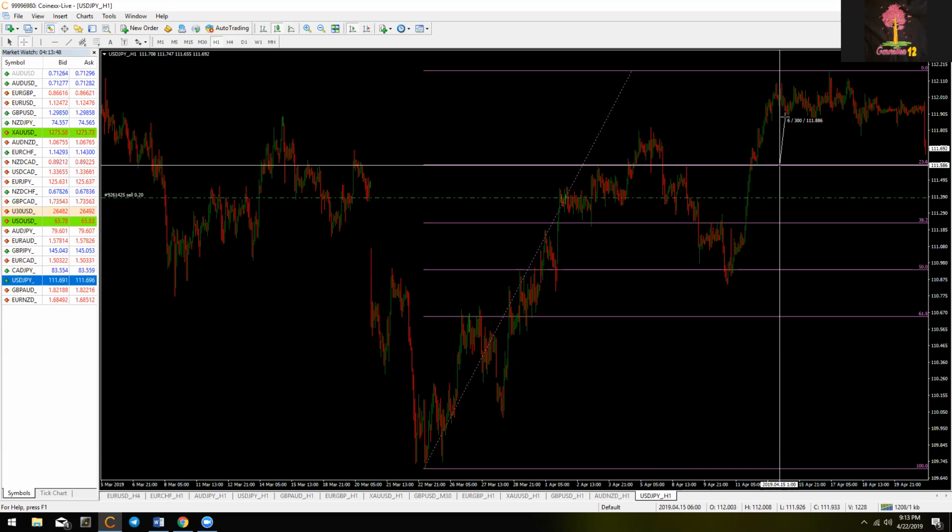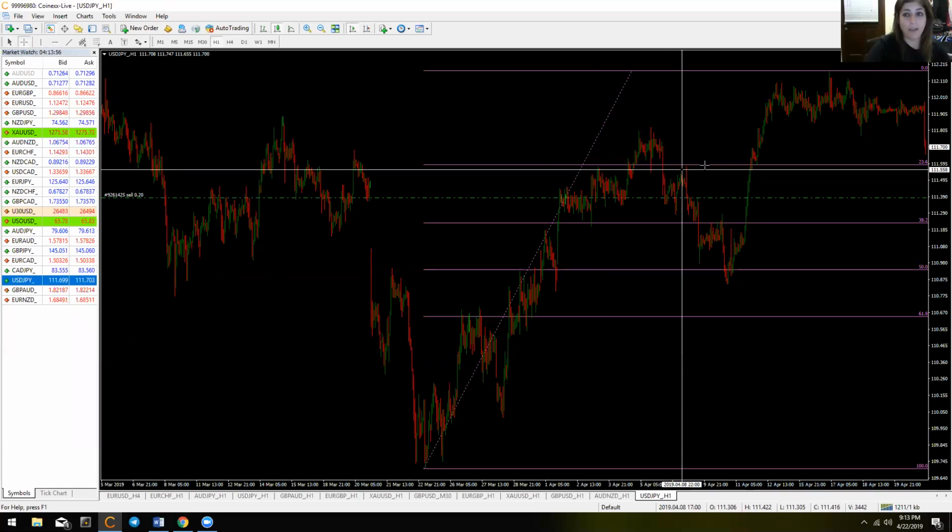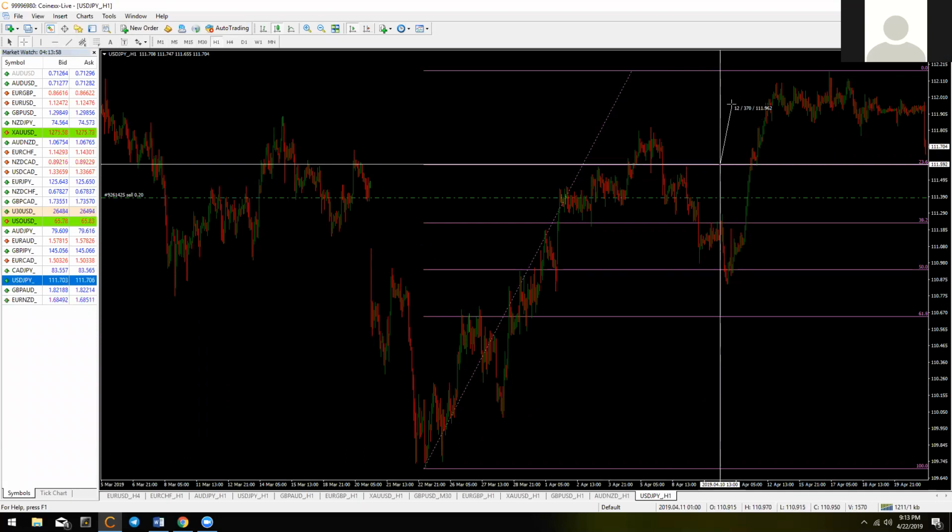0.889. I'm about to take a picture of this, y'all. And how did you get that? If you click on this little star thing and just drag it up, those middle numbers, the 37, that's 37 pips. You just take off the end number, so it's the first two in the middle number.